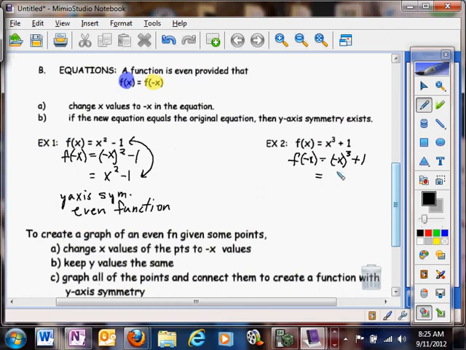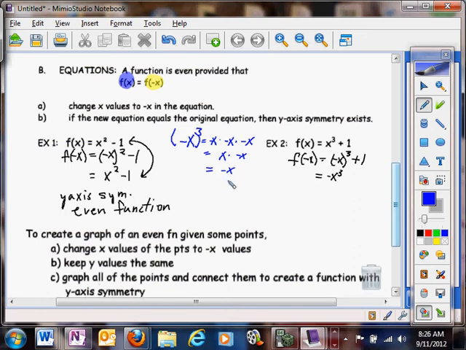Well, negative x to the third is still negative x to the third, because if I have negative x to the third, that means negative x times negative x times negative x. Well, negative x times negative x is positive x squared, and then times that negative x, so x squared times negative x is negative x cubed.